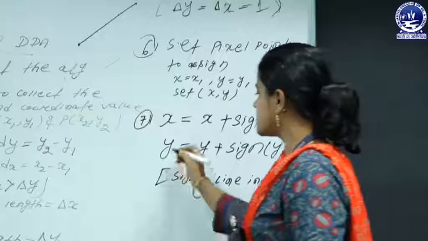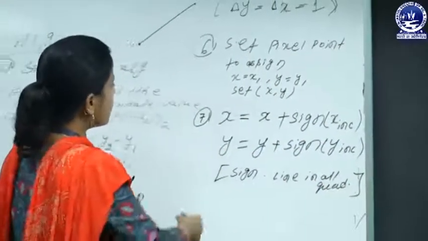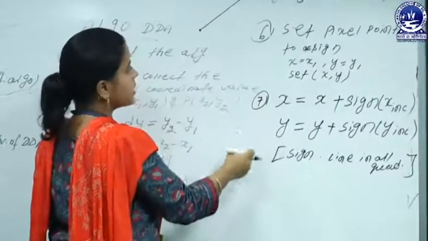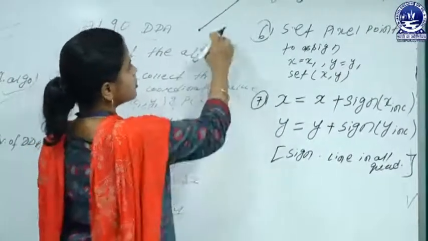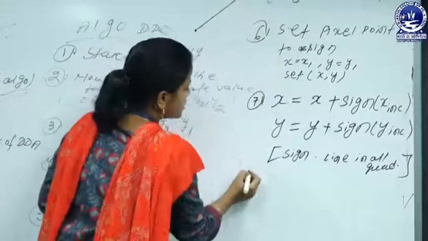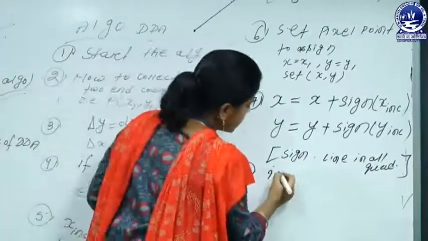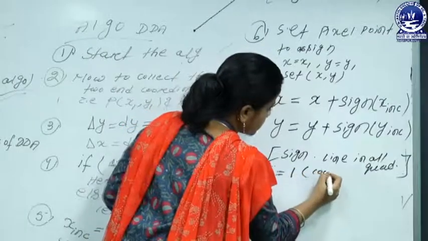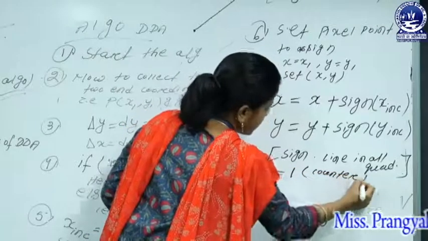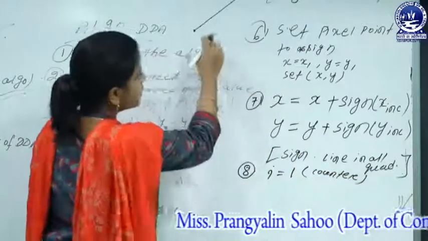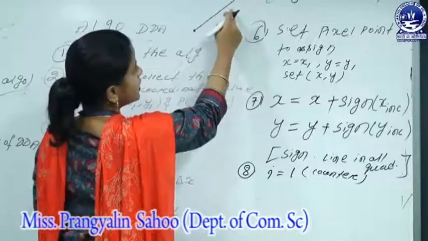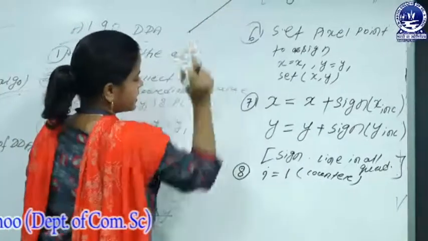Okay. After that, all the next steps are calculated as long as the length is not yet reached. So here looping statements are used. Suppose I equal to 1, that's your counter, and it calculates all the intermediate pixel points until the length is reached.